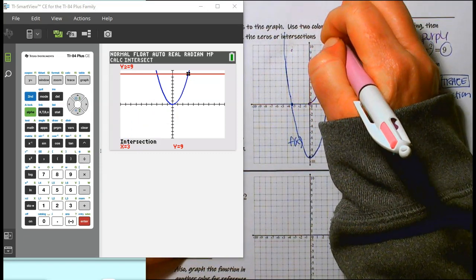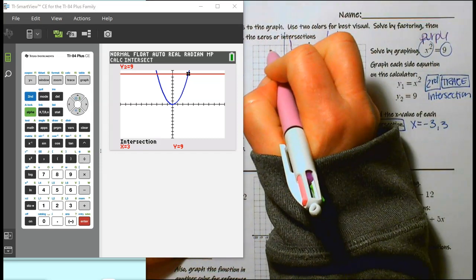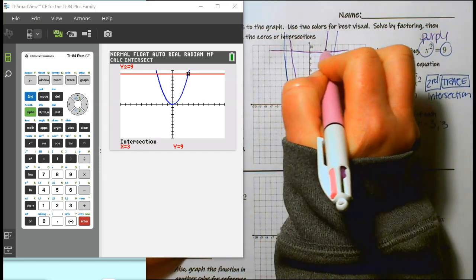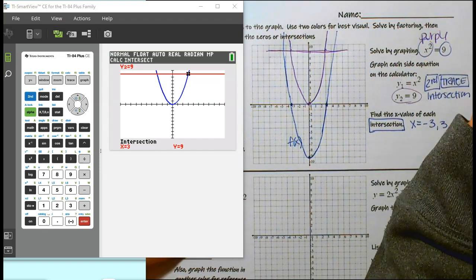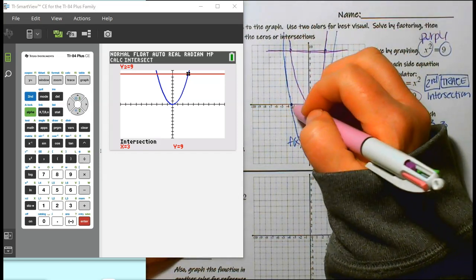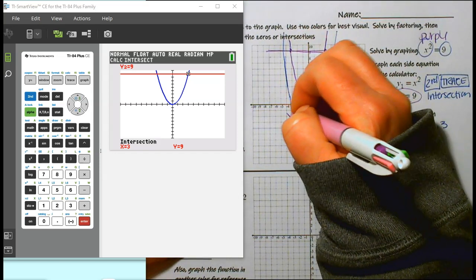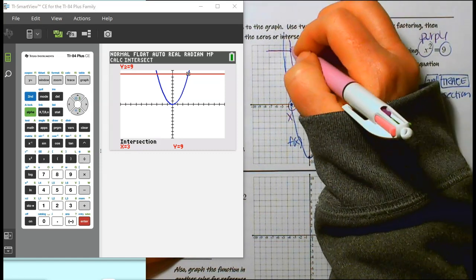So this parabola goes through this point and this point because we're crossing not 0, but we're crossing the y equals 9 graph. So these are in two different positions, but the x value is -3 and +3.